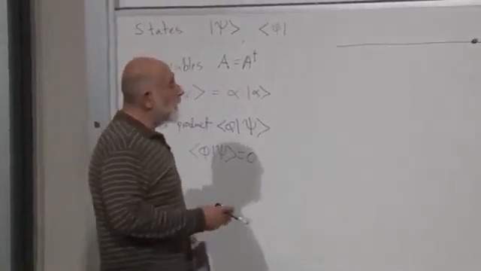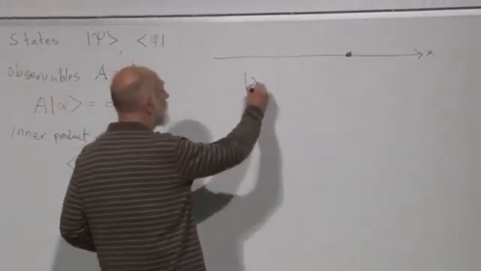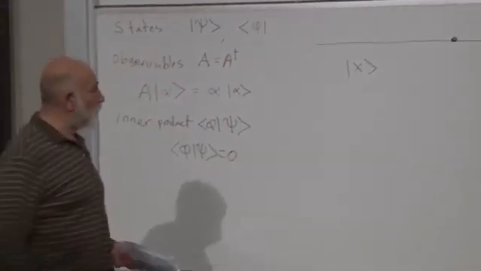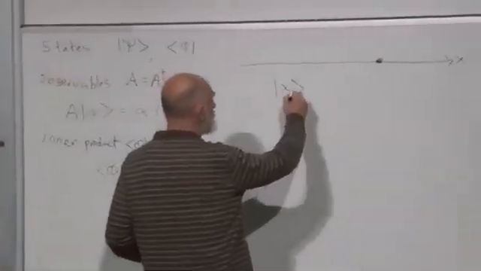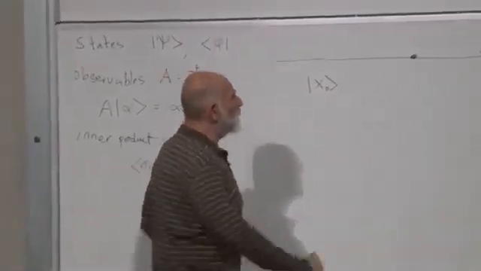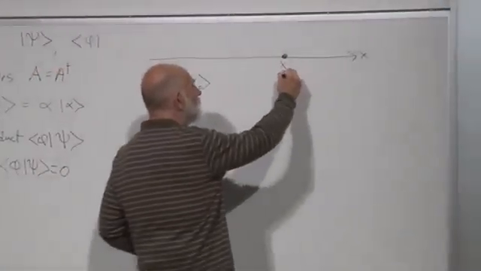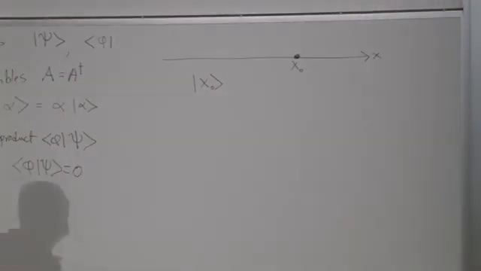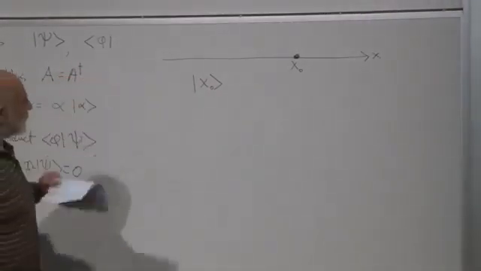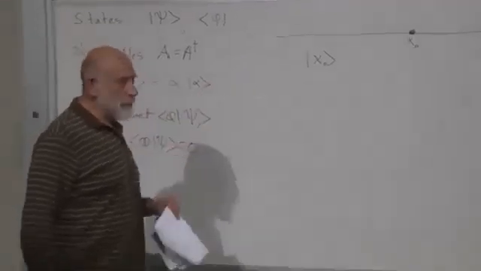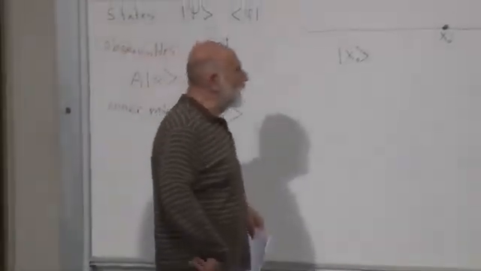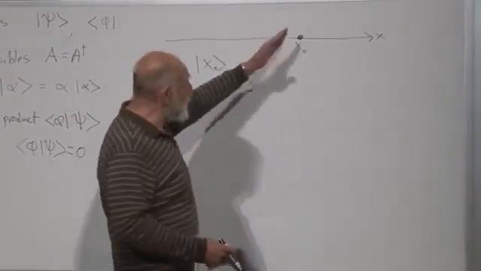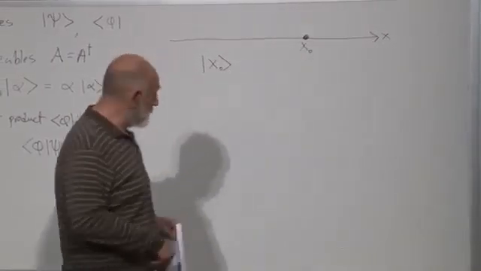In particular, there are states which are labeled by a value of position. Let's call it x0. This is the point x0 over here. I'm just using the naught here to indicate a particular position. There are states which are labeled by x0, which have the property that if you measure the particle's position, you will definitely find it at x naught.